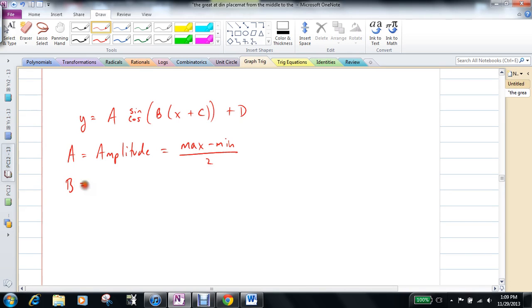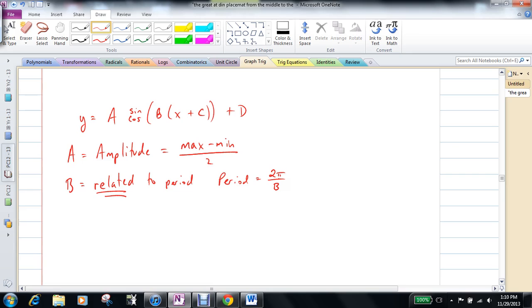The B value is often considered to be the period, but that is not true. The B value is related to the period. Remember, the formula is period is equal to 2 pi divided by b.